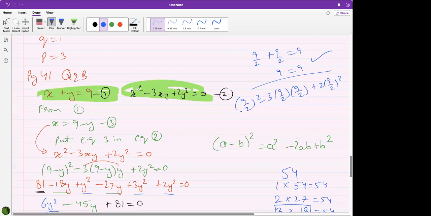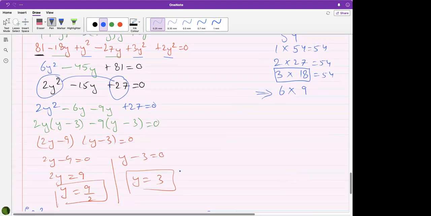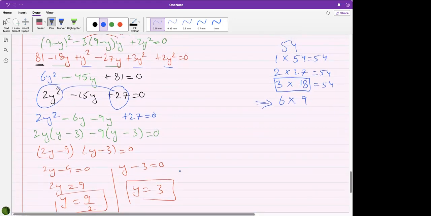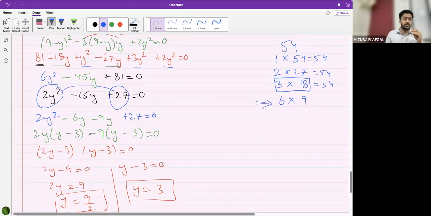So when you were finding out the variables that add up to 15, do we have to times 27 by 2, or can you just keep it like that? You always have to multiply the first coefficient with the last one. Ax square plus bx plus c, product is always a times c, and the sum must be always b.